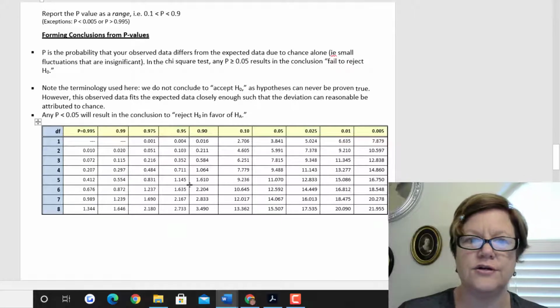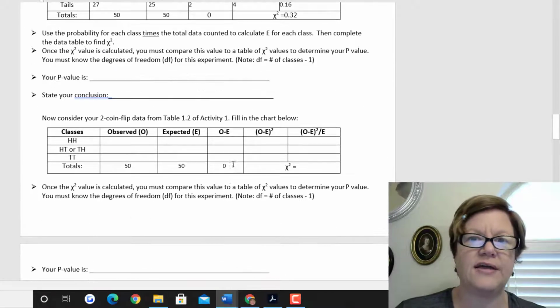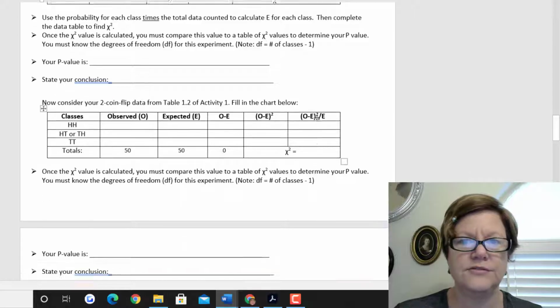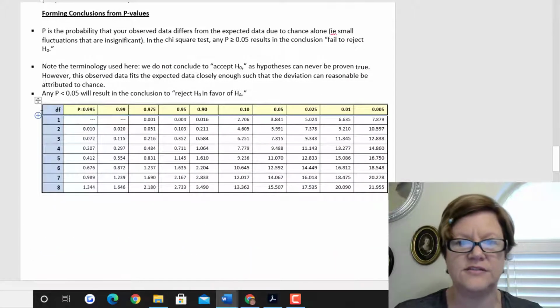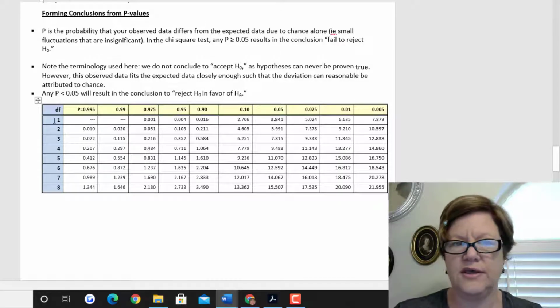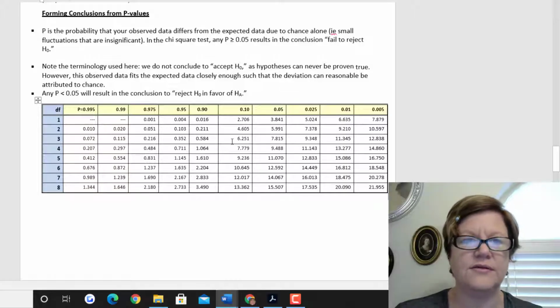We're just going to use a chart, which is just going to get us in the range of a p. And what I mean by that, if chi-square is 0.32, then we're going to use this chart, and I provided it here for you. It's the same thing. This is a fixed chart for chi-square. So if you look this up online, you would find exactly the same thing everywhere, these same numbers and everything.